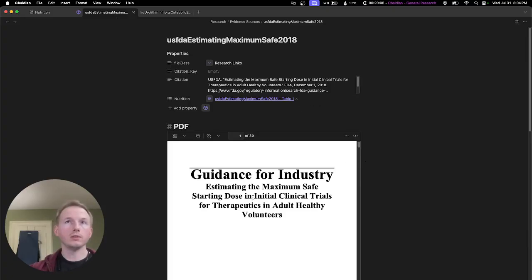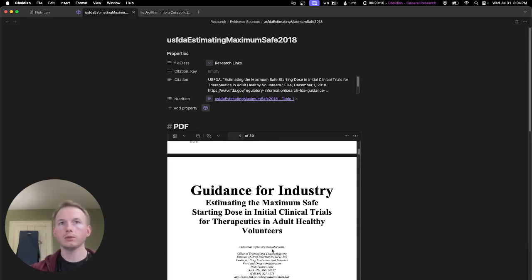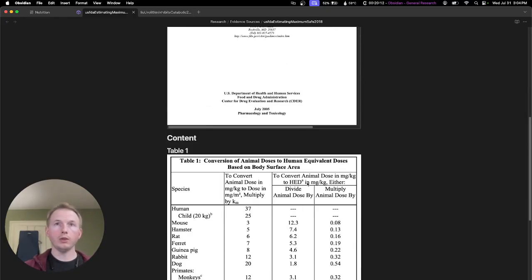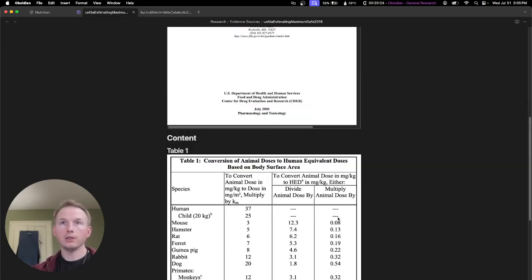So this one right here, not a study, this is an FDA handbook, I guess, of some sort. But anyway, it's a guide to dosing in humans based on animal doses. So not perfect. Looks like it's based on surface area of the animal, if I'm not mistaken.